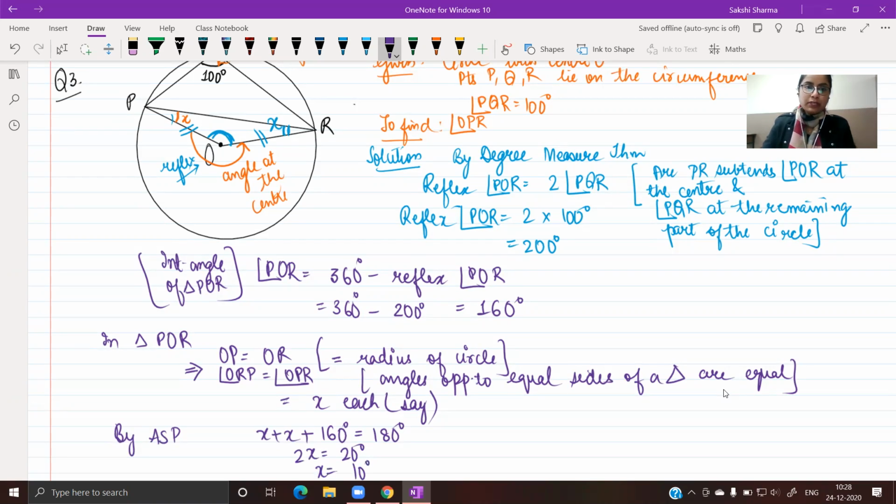So this is the measure of the angle that you require here. Just note this down and go over the answer and let me know in case there is any step you don't understand. We'll discuss that again.